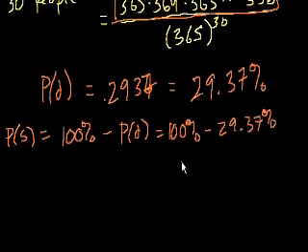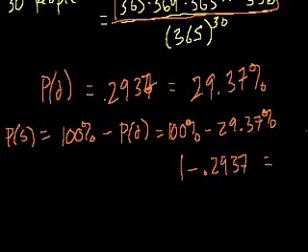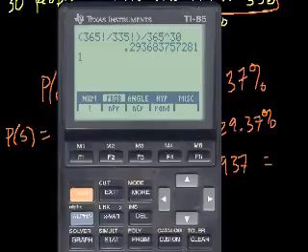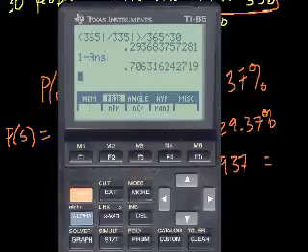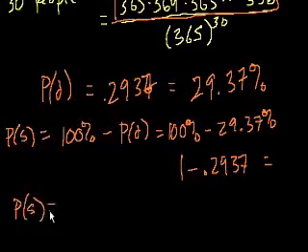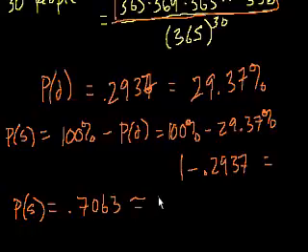Or another way you could write it is 1 minus 0.2937, which is equal to 0.7063. So the probability that someone shares a birthday with someone else is 0.7063, it keeps going.